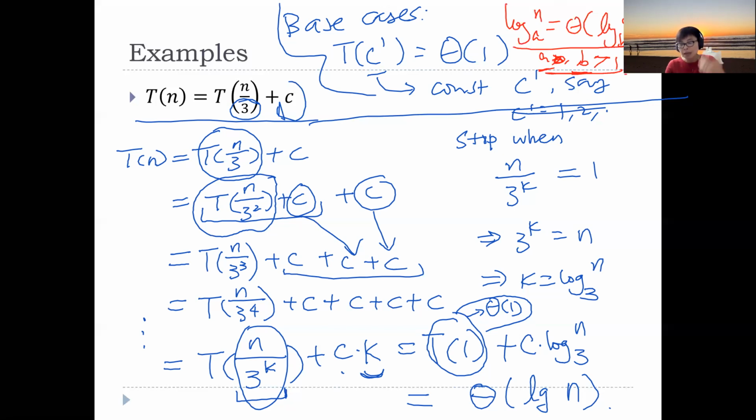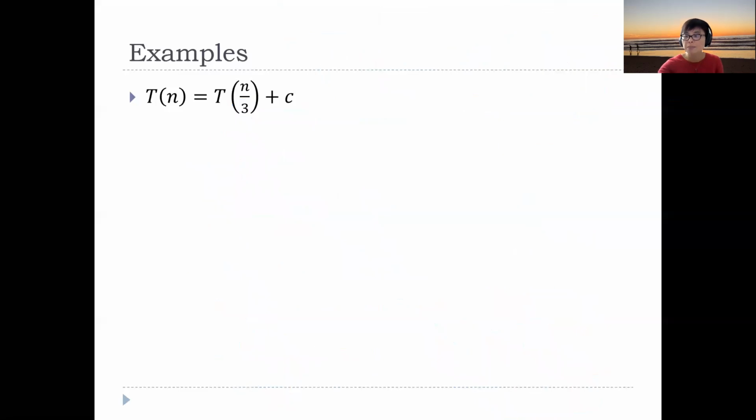The precise steps here is log n base 3, while for the binary search it is log n base 2. So this is actually a bit faster, because if you every time reduce only to 1/3 of the size, you cut down even faster. But asymptotically, both are big theta of log n. So they have the same asymptotic time complexity.